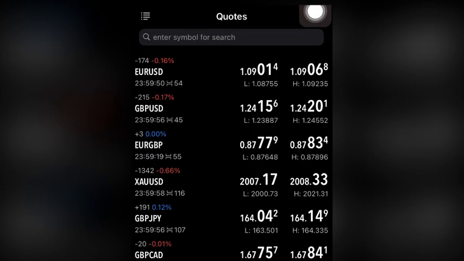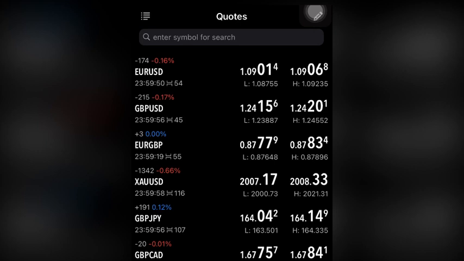As you can see on this interface, once you sign up and have your account created, which I believe you have done, and you open your MT4, this is how the interface will look.